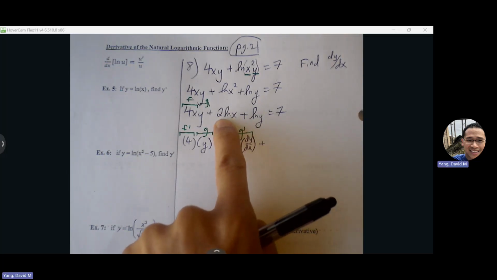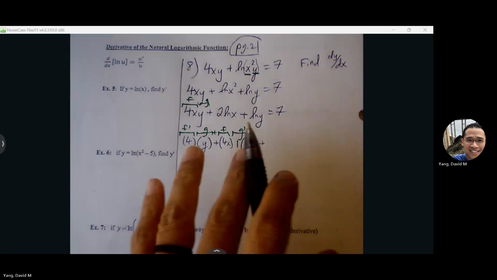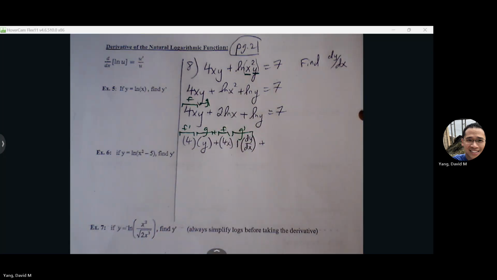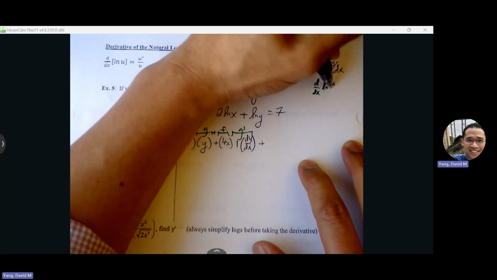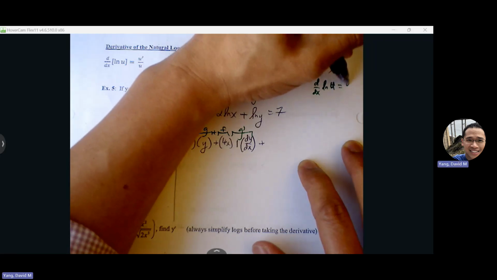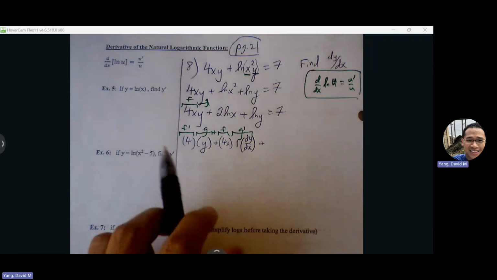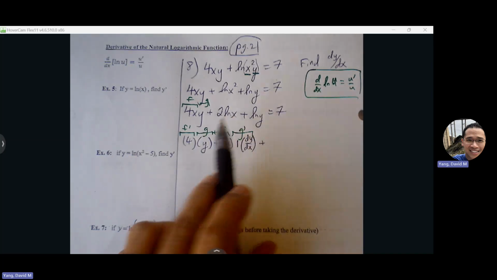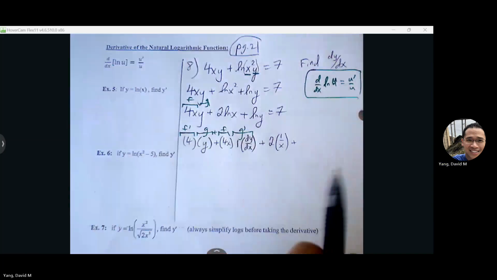What's 2 ln x's derivative? Yeah, so if you remember yesterday, our derivative rule for natural log of u is u prime over u, right? Okay, so 2 natural log of x becomes what? 2 times 1 over x, or 2 over x.